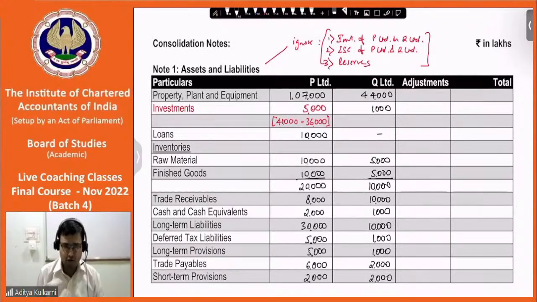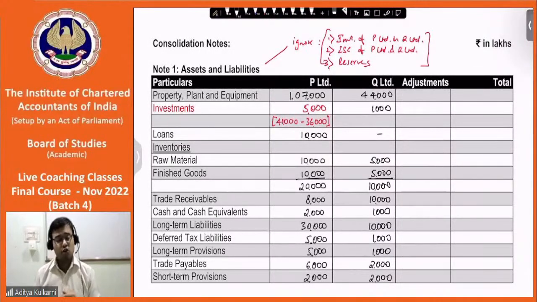So here also, when 36,000 is invested in Q Limited, you are not giving it to the company. You are giving it to the earlier owners or the earlier shareholders of Q Limited. Q Limited is already incorporated. Somebody else held those shares. You are buying the shares from them.